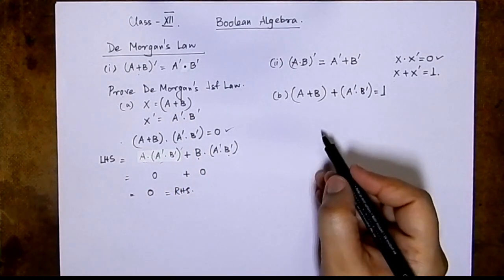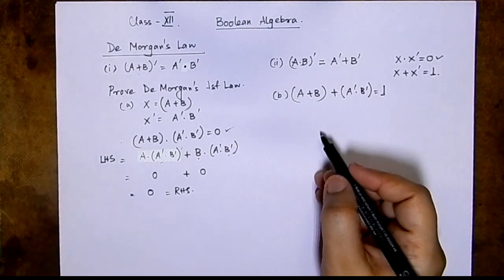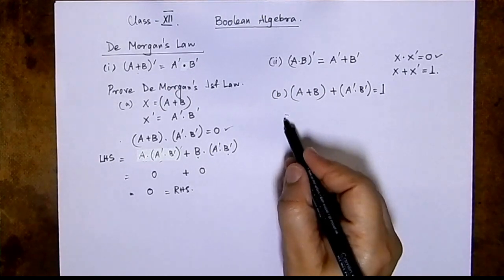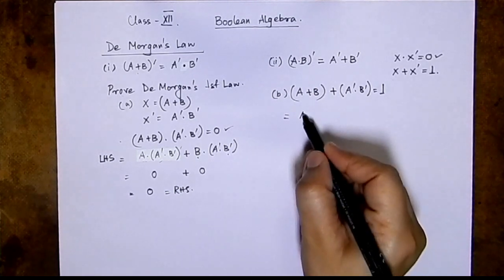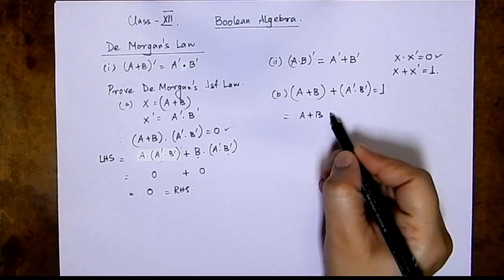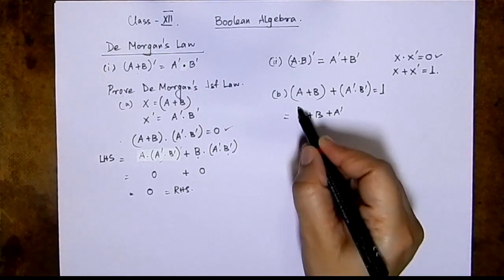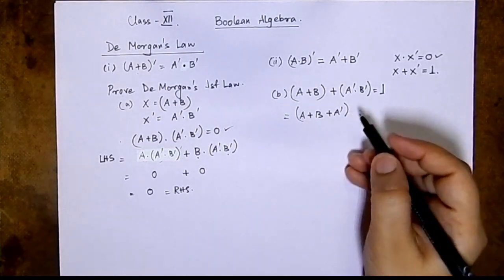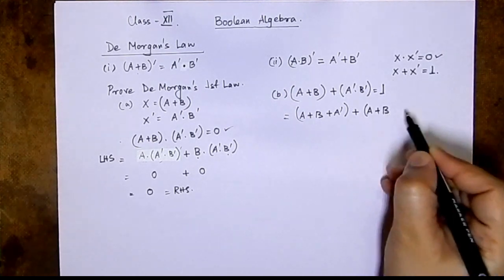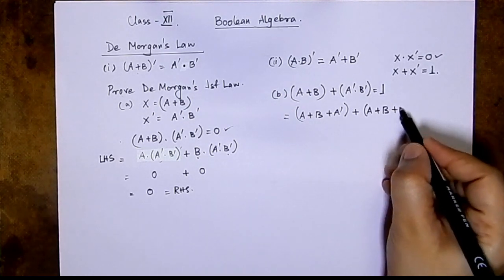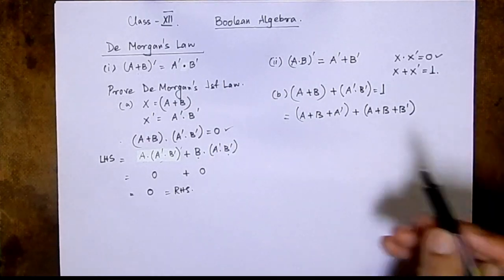Let's prove this condition. In order to prove this condition, we will again apply the distribution law over here. We have a plus b plus a dashed, and a plus b plus b dashed.